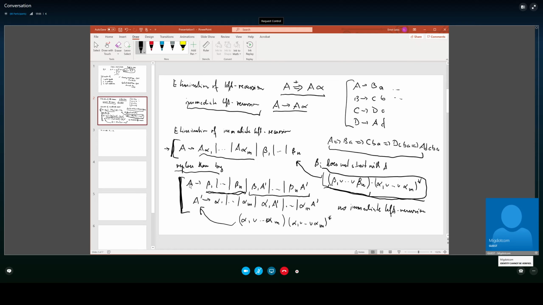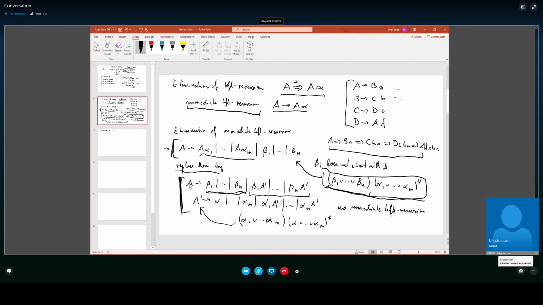All that is that the A's now still generate exactly what the A's before did. What this variable A generates is exactly what this variable A generates, except we do it differently. And we do it in such a way that there's no immediate left recursion. So by putting in the A prime, we actually are able to get rid of the left recursion on A.